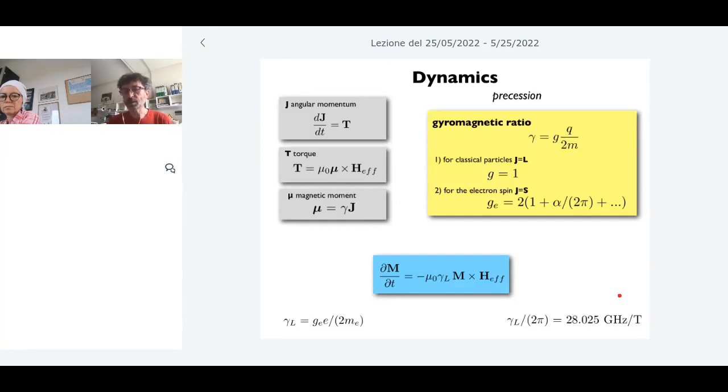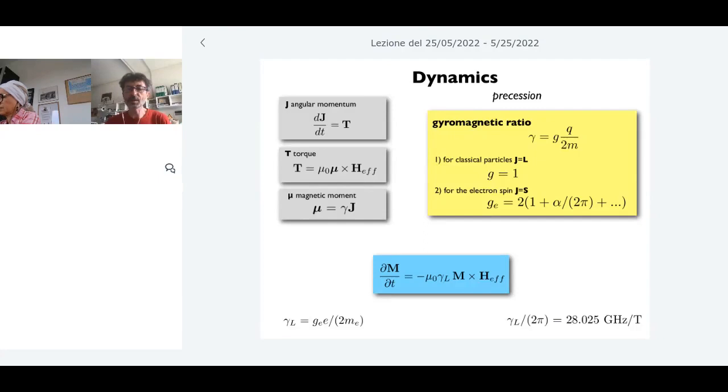It's an effect that is very much studied, because communications are also used in this range. So there is quite a large amount of effects that employ this precession of magnetization.